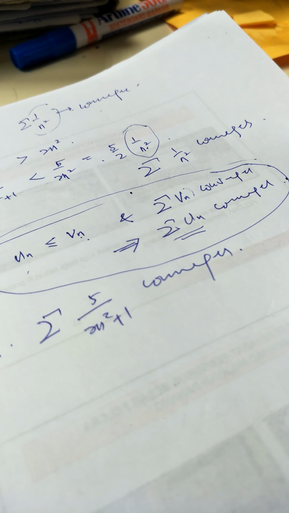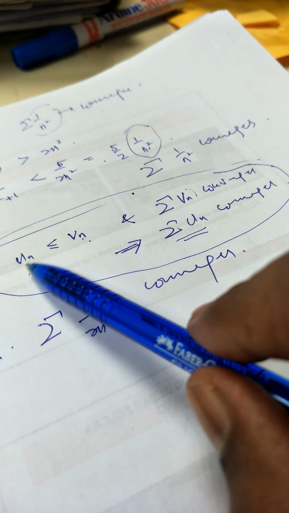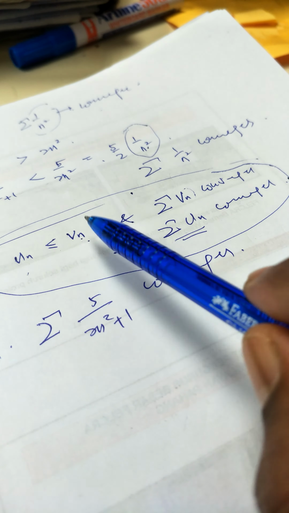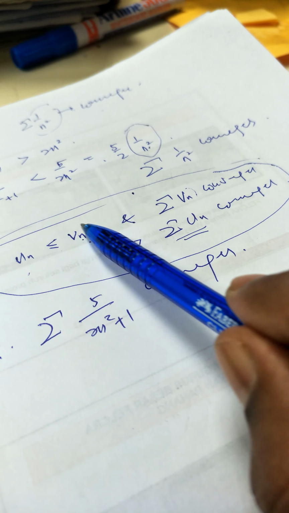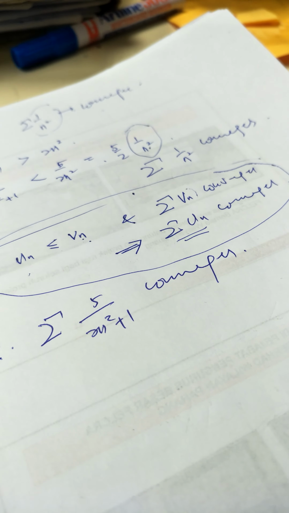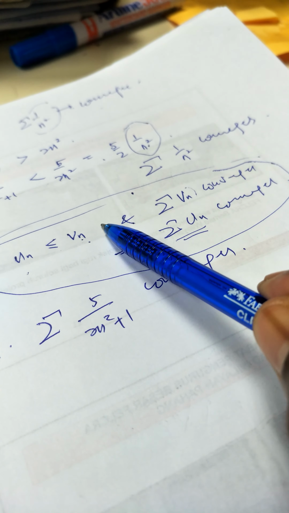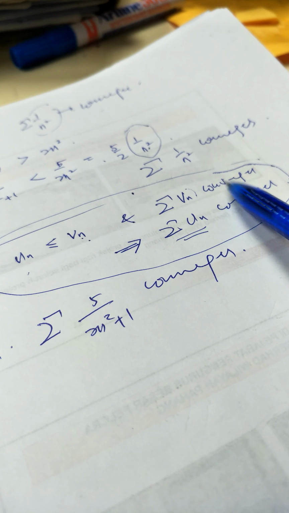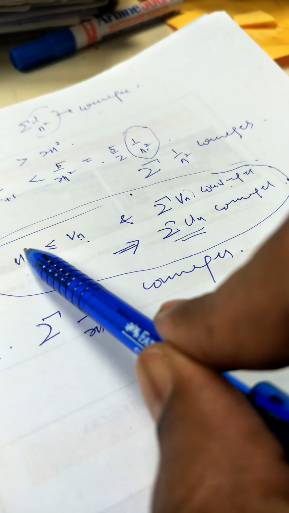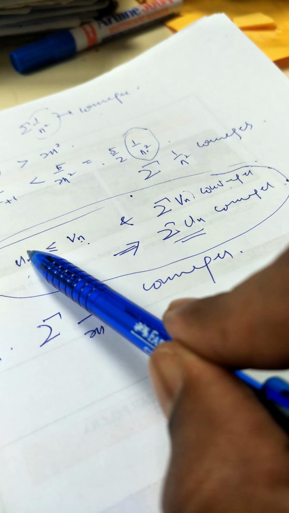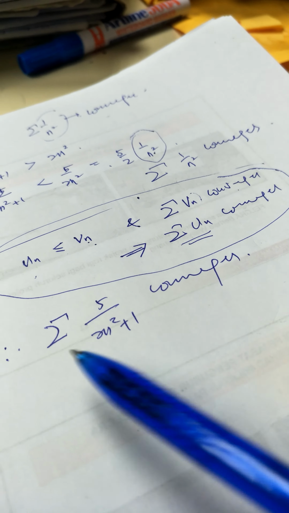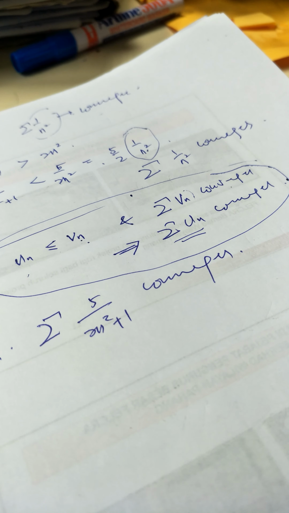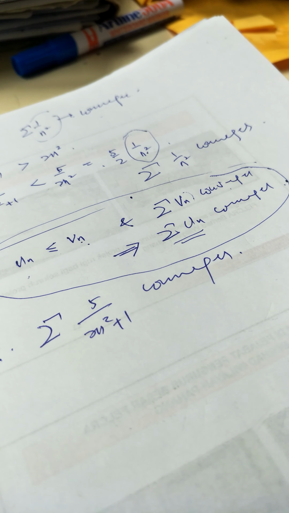So in this case, if un is less than vn, in other words the series un is smaller than the series vn, and the bigger series is known to converge, then the smaller series should converge as well. So therefore that series converges. Or you can use the comparison test 2.